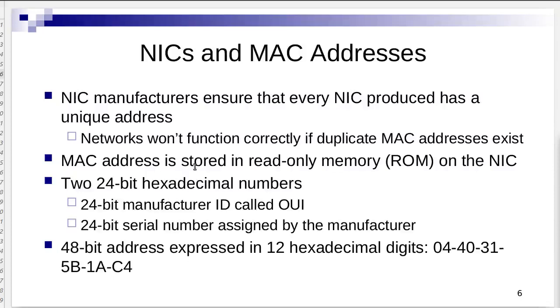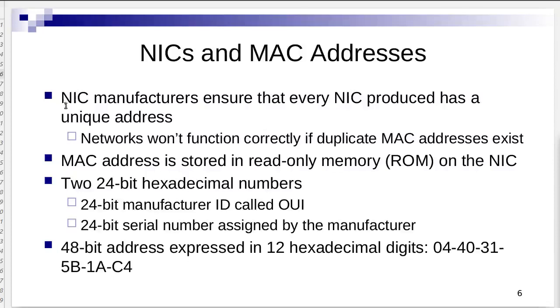Okay, so NIC manufacturers, or the companies that make these network interface cards, have to make sure that every NIC has its own unique MAC address. So if you have two NICs on a network with the same MAC address, that's going to be ambiguous. Who are you trying to send to?